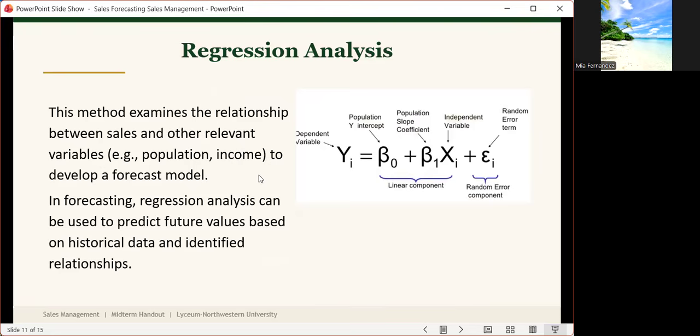I usually use this when doing the sales forecast in feasibility studies. So I prefer regression analysis. What I do is get the demand from the population of the geography, and then you get the percentage of how much you will be targeting and the demand based on the survey.